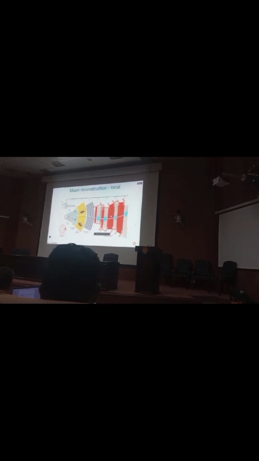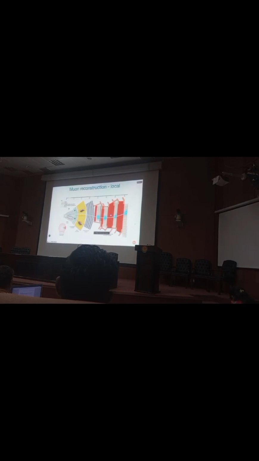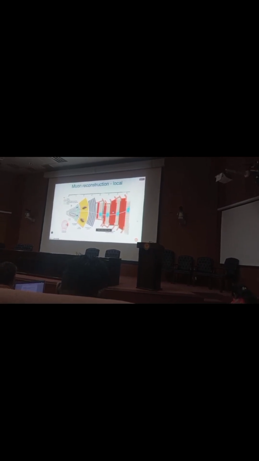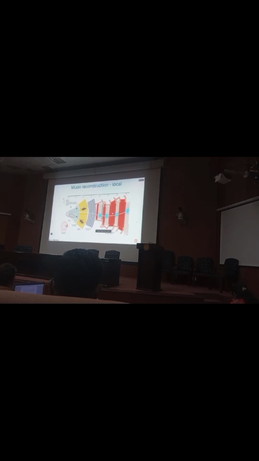And then we can start looking at how, in practice, we put all these pieces together. So how do we connect the dots in the detector? This we call muon reconstruction. We must distinguish between local muon reconstruction and then, let's say, global.